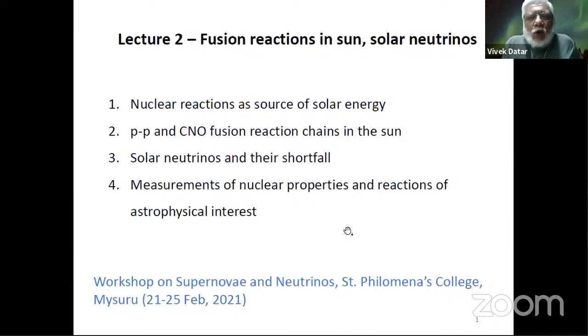Okay. And also, I will tell you about measurements of nuclear properties and reactions of astrophysical interest. Now, it's 10 minutes past 6, so maybe I have about 45 minutes for this. I may not be able to cover much of this, but maybe I will be able to start on this and then take it to the next lecture.